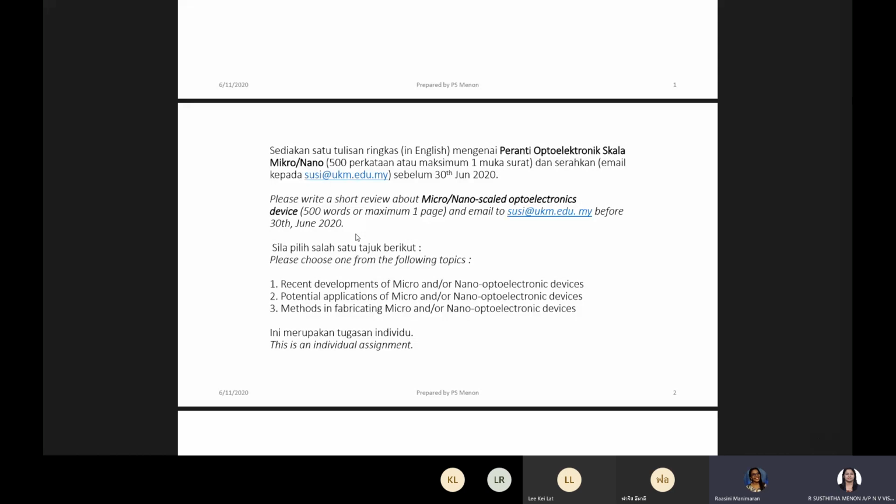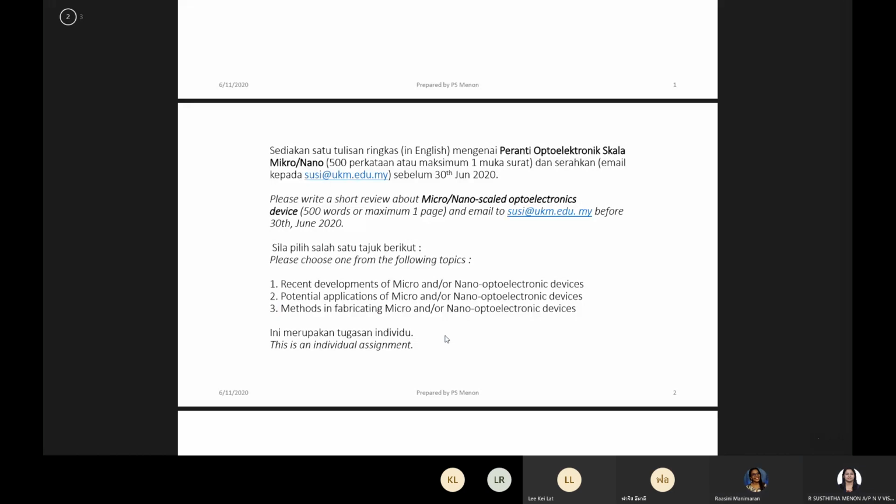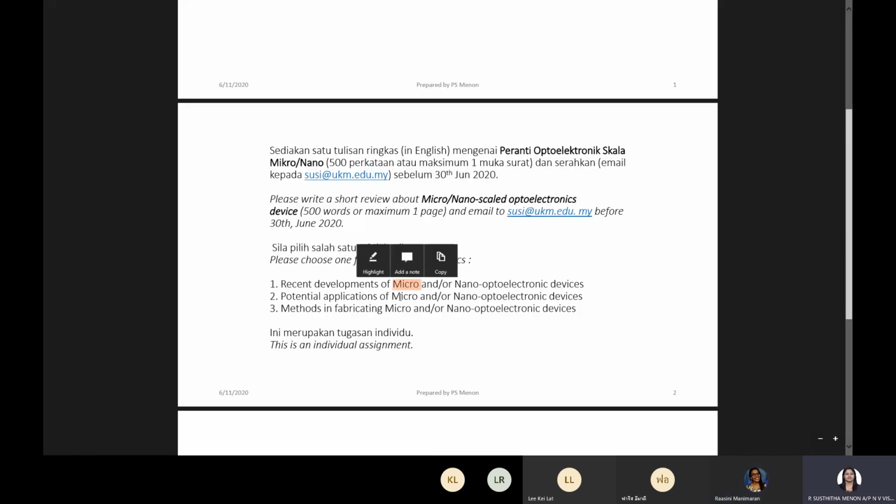Correct. So we do either micro or nano, right? Yes, either a recent development, potential application, or method in fabricating, for micro or nano. Because sometimes you cannot find nano devices, so I accept micro scale devices as well.